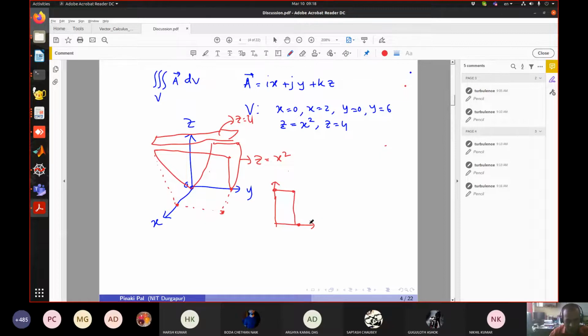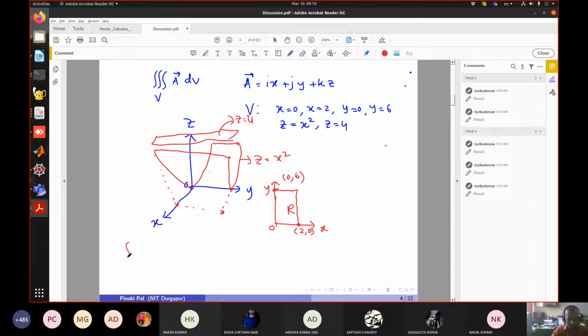This is your R, on the xy plane, and this is 0 to 2 and 0 to 6. So this is the projection of this three-dimensional region enclosed by z is equal to x square and z equal to 4 on xy plane.